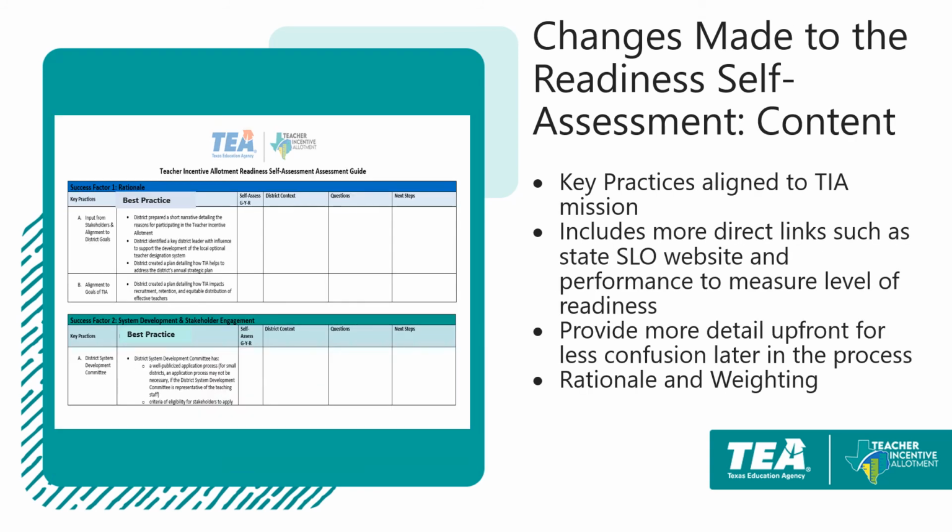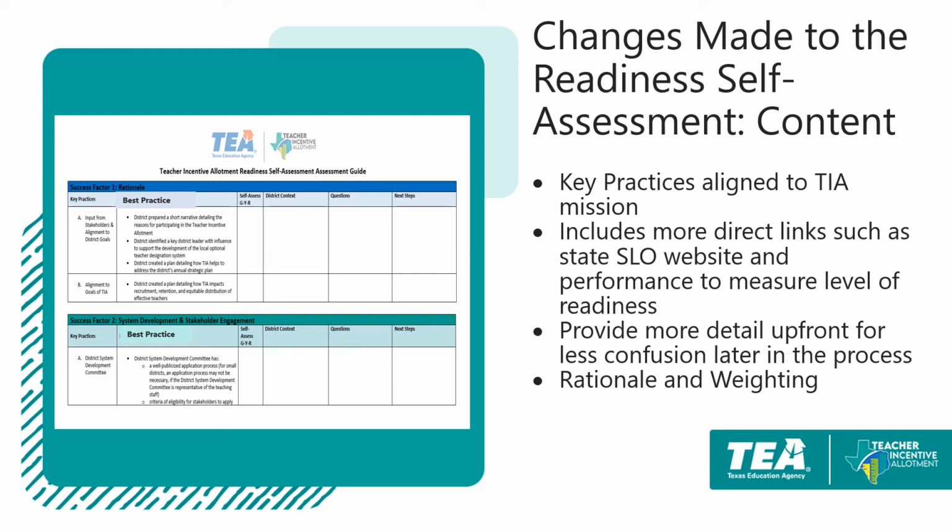Just as there were formatting changes made, there were also changes made to content. For example, as previously noted, the length is longer. However, the reason the length is longer is because we wanted to provide more detail up front so that we can ensure that we give districts all of the information they need in order to create strong local teacher designation systems.